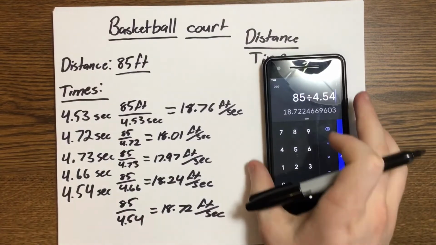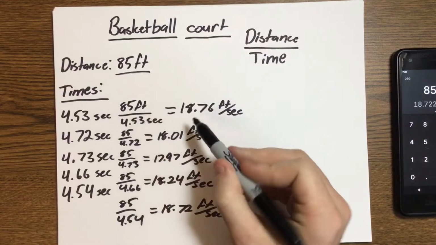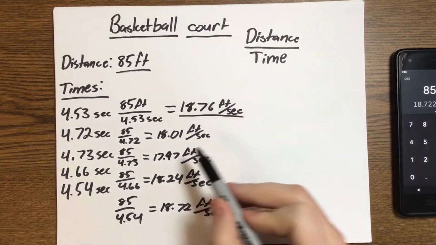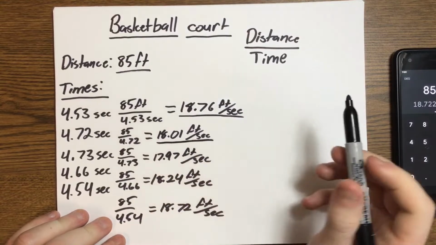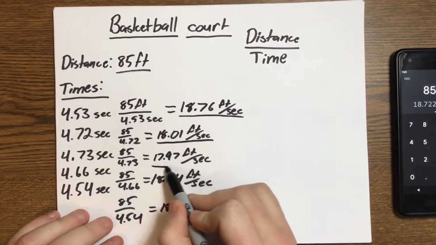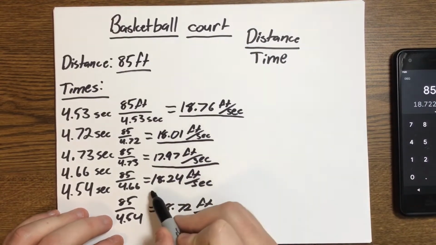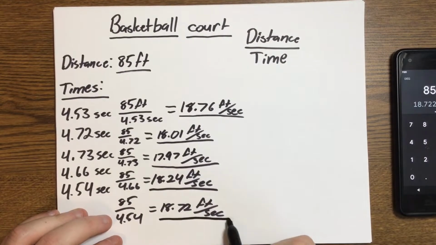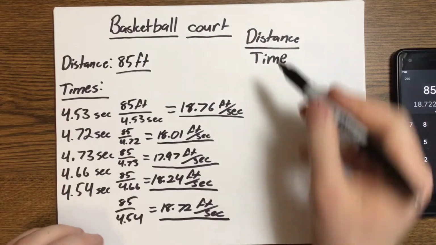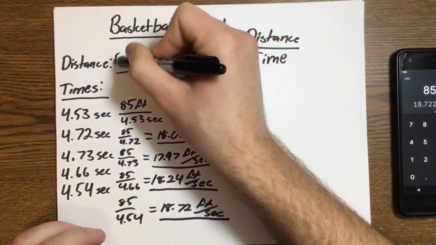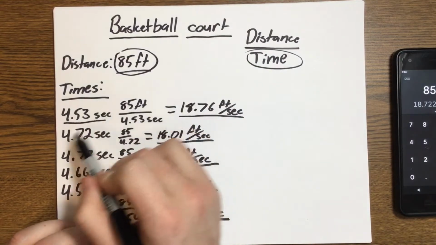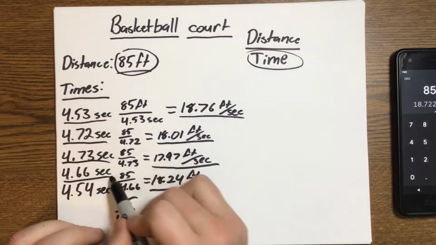All right, there are all of our times. So first run, I was running at 18.76 feet per second, and second one, 18.01 feet per second, then 17.97 feet per second, 18.24 feet per second, and 18.72 feet per second, taking my distance I ran, which was 85 feet every time, and then dividing it by the time of each trial.